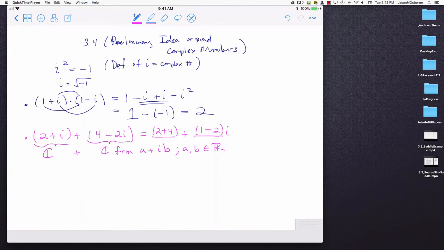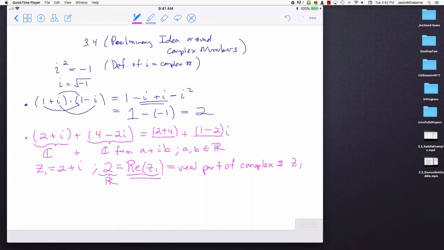So, for example, with this number 2 plus i, typically it's called z. We'll call it z1, the first complex number, right? The number 2 is denoted as the real part of the complex number z1. So notice when you're talking about the real part of a complex number, the answer is a real number.